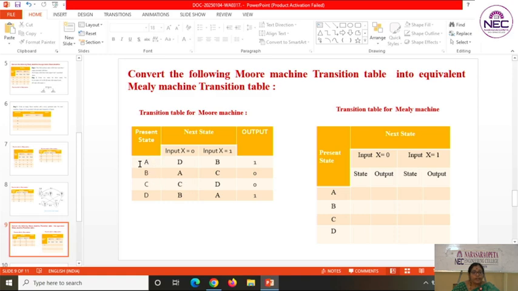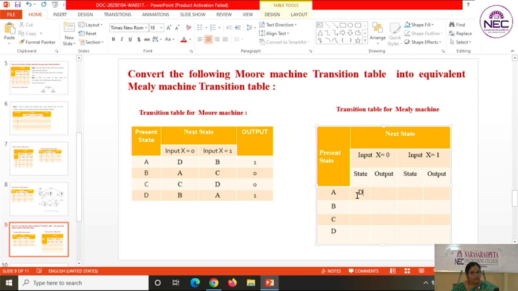In the A state, if input x is equal to 0, the A state goes to the D state. If x is equal to 1, the A state goes to the B state.